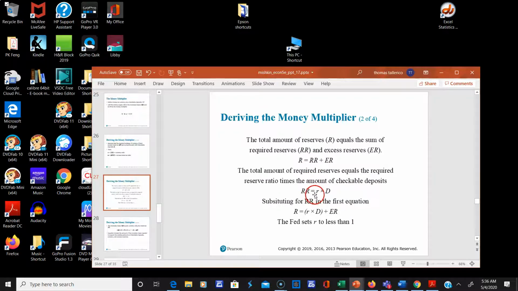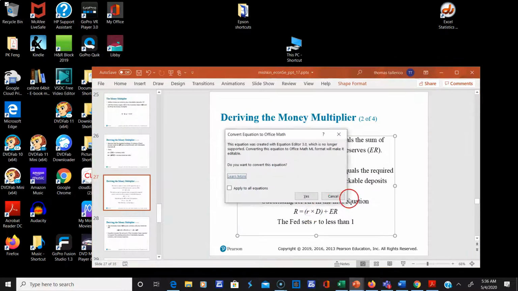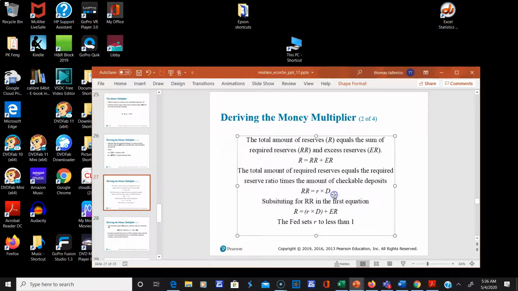And substituting for R in the first equation, we get R equal to r times D plus the excess reserves. And r is always set less than 1. That's the reserve ratio, and that's always set less than 1 by the Fed.